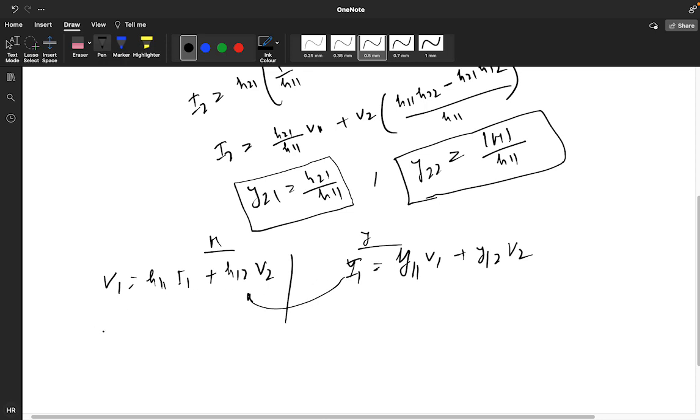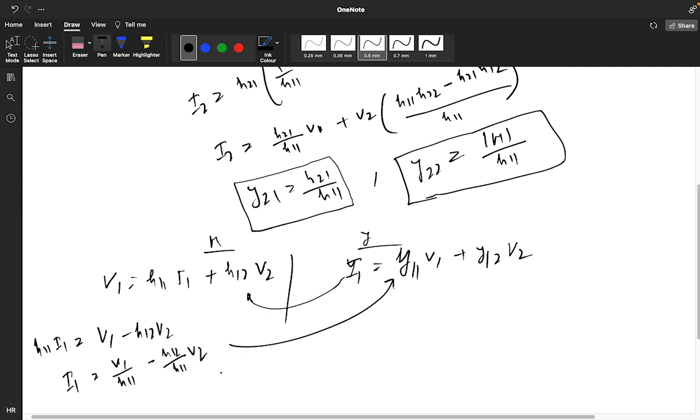V1 minus H12 V2 is equal to H11 I1. The result is I1 is equal to V1 upon H11 minus H12 by H11 into V2. Now compare this: Y11 is 1 upon H11 and Y12 is minus H12 divided by H11, right?